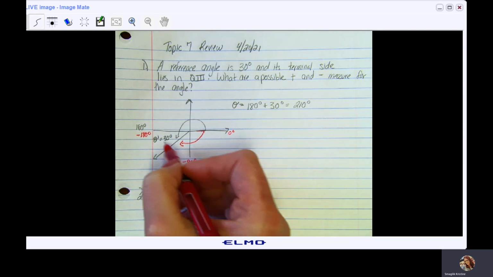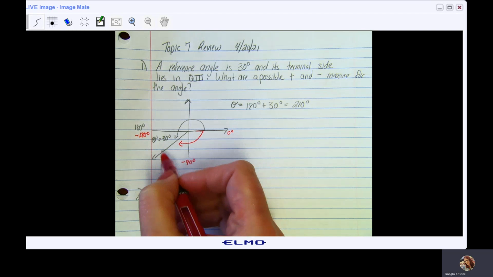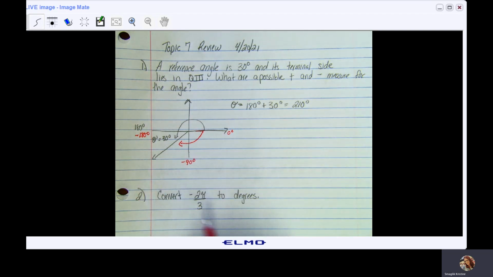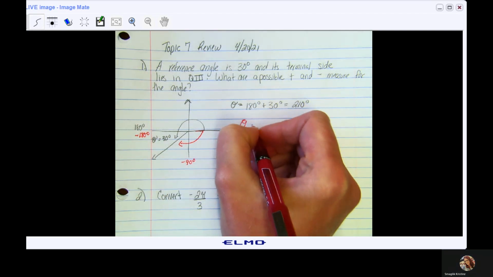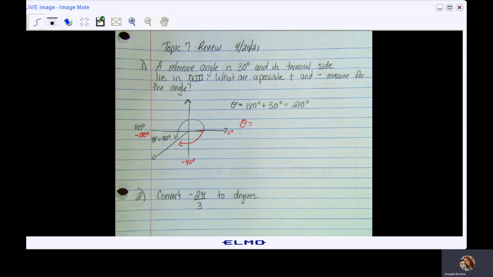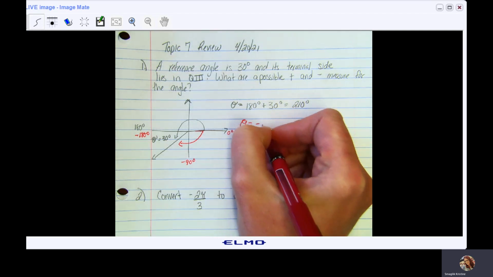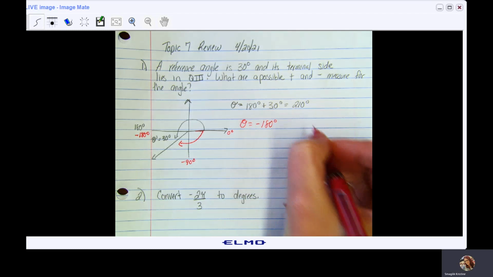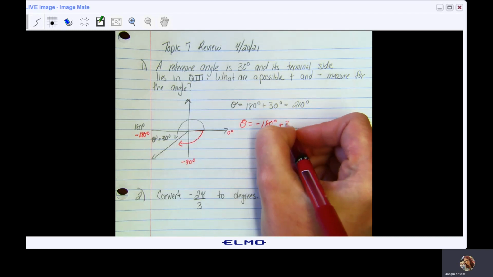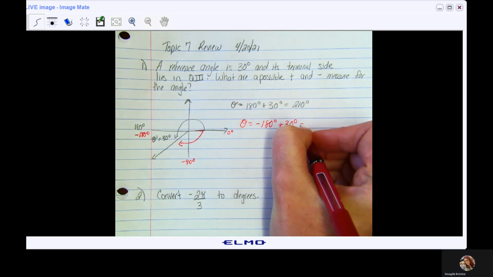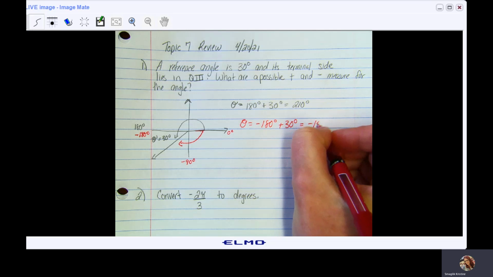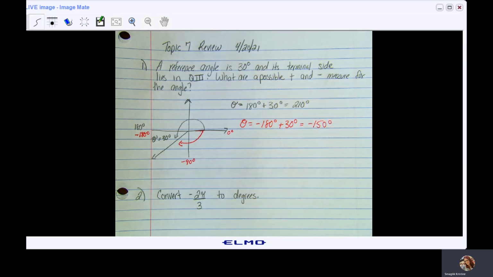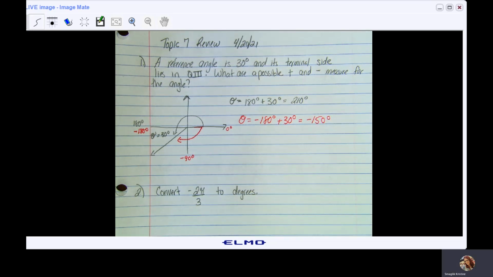So I haven't gone quite far enough to hit negative 180. So what I'm going to do is take negative 180 plus the 30 degrees, and that puts me at negative 150 degrees.